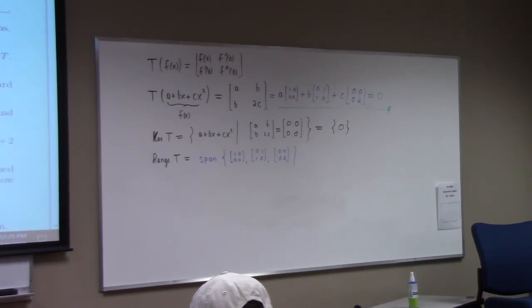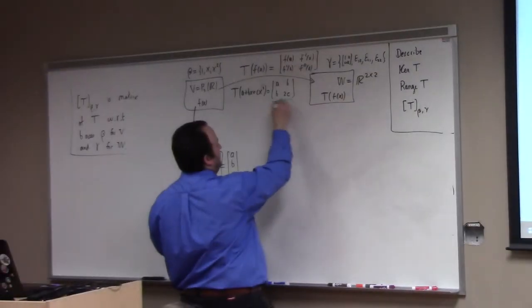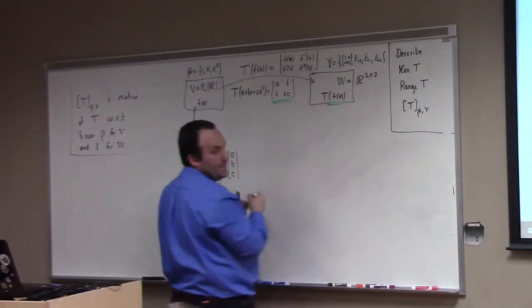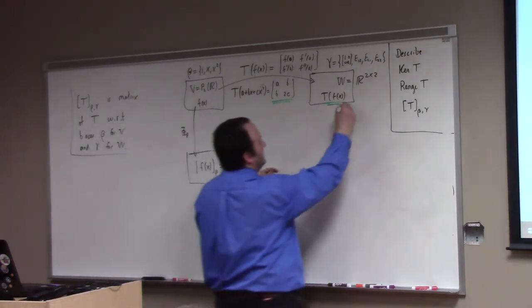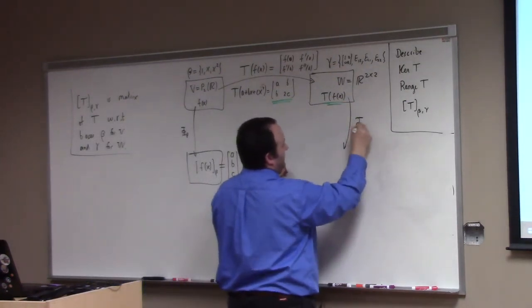That gives us the coordinate of f of x with respect to the beta basis down here, which, by the way, is just ABC, given our setup, right? On the other hand, over here, we have T of f of x, which is this. And then what happens when you look at the gamma coordinate of that? What's the coordinate?